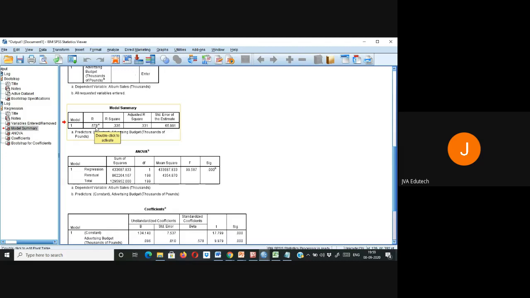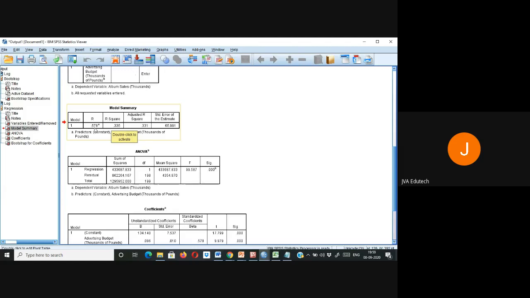Here R has a value of 0.578. Because there is only one predictor in our case, advertising spends, this value only represents a simple correlation. Whenever there is R, it's a correlation.